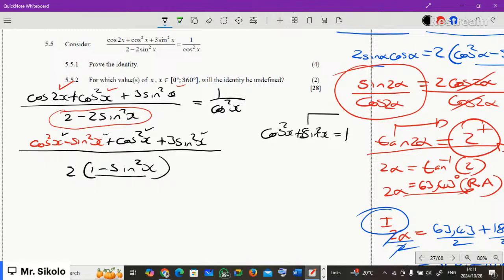Xa uwelisa u-sine squared x usheka ngapha, u-cos squared x, subject to the formula will always be equal to 1 minus sine squared x. So which means ukawubona 1 minus sine squared x uyafana no-cos squared x. I hope iyabuya guys, niyayikhumbula?